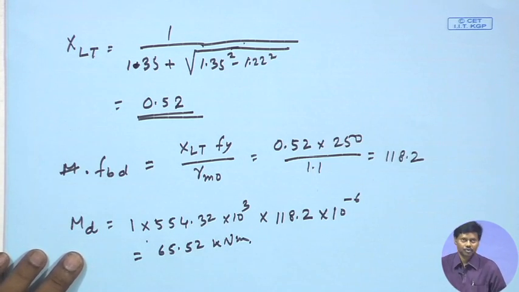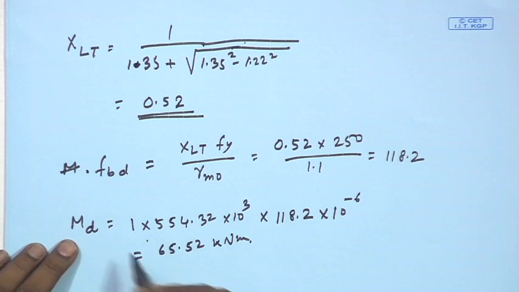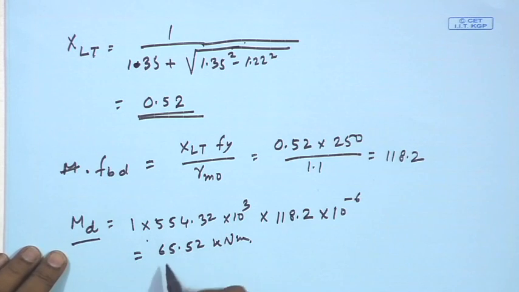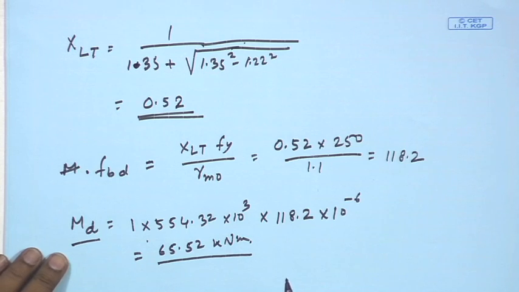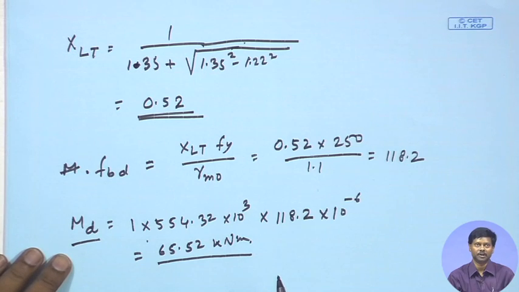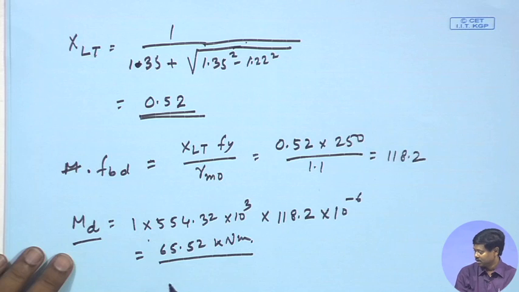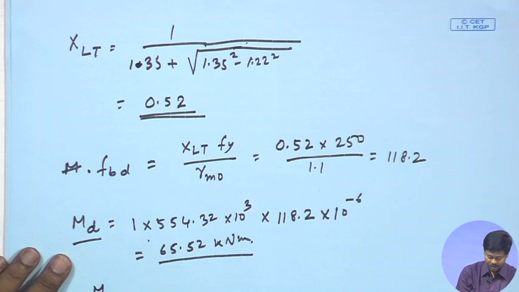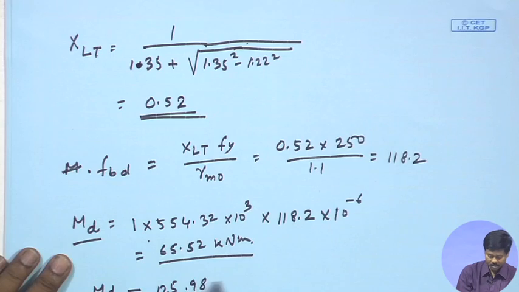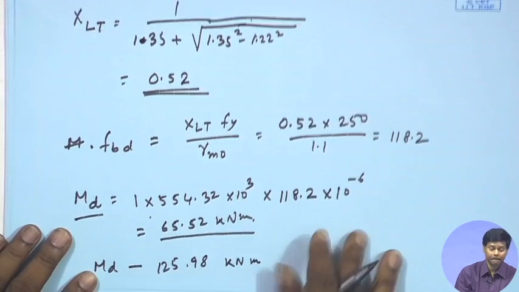right. So, the design bending strength of the member when lateral torsional buckling is considered is 65.52 kilonewton meter, and earlier we found MD as 125.98 kilonewton meter, right.